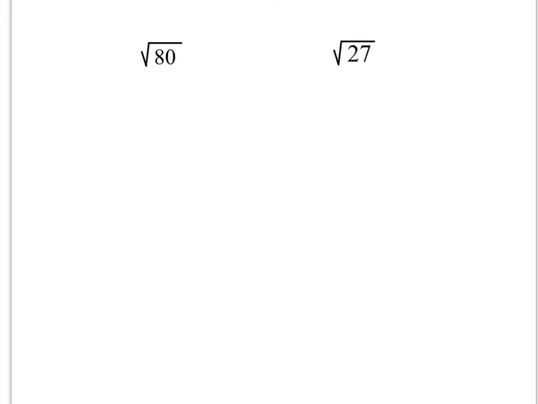Here we have one of our first examples, where we have the square root of 80. Now what we're going to want to do with that is break it apart into two separate square roots, so the square root of one number times the square root of another number. One of these numbers we want to be the biggest possible perfect square that comes out of 80. So if you need to, you can start listing off all of the factors of 80.